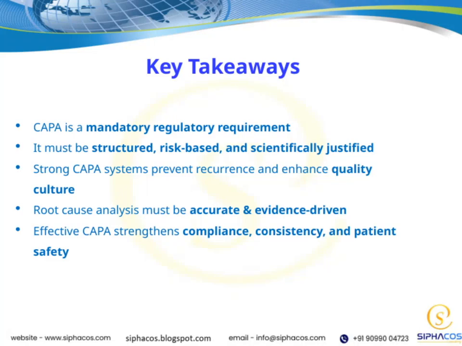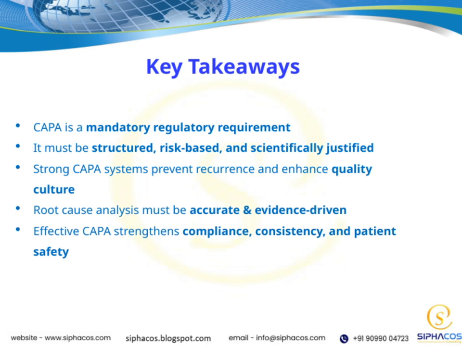Let's go over some key takeaways to wrap up our discussion. First, CAPA, or corrective and preventive action, is not just a good practice, it's a mandatory regulatory requirement. This means we need to approach it with the seriousness it deserves. It's important that our CAPA processes are well-structured, risk-based, and backed by scientific justification.